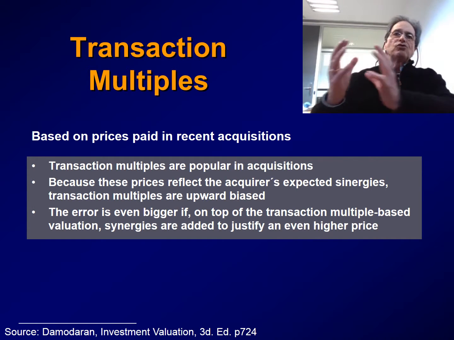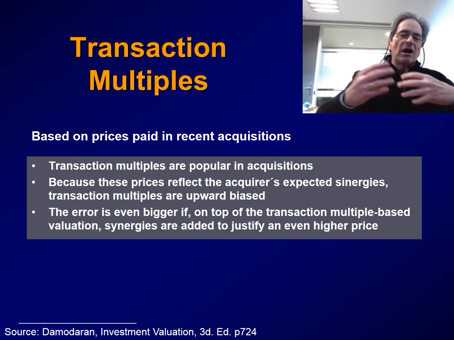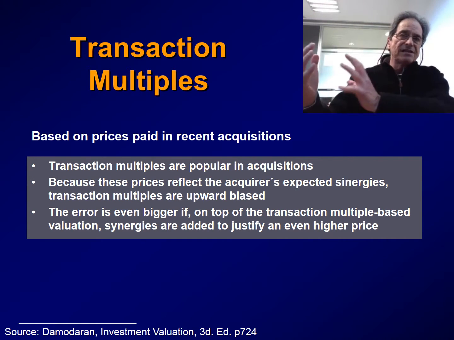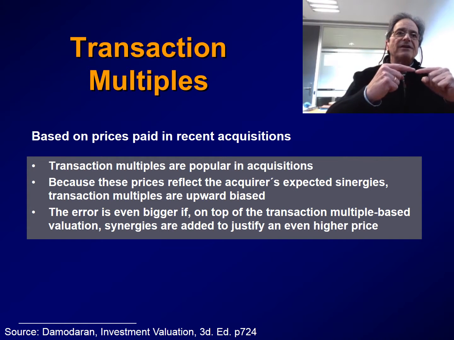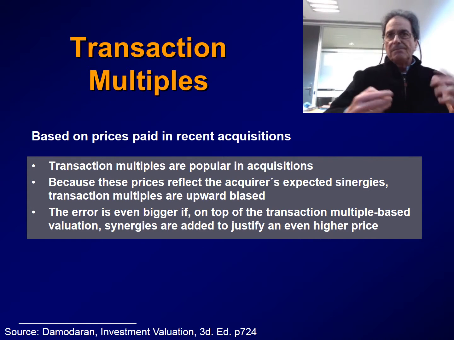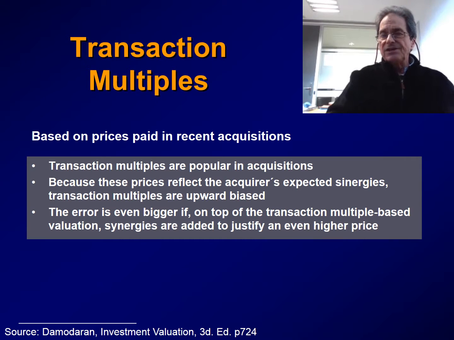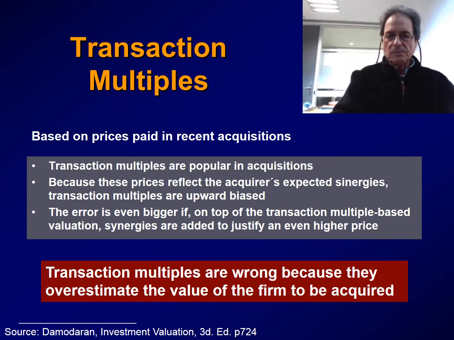And of course, if we use this as a reference, and we are also acquiring a company, and then we decide to add our own synergies, probably we are overestimating the synergies and we are overestimating the value of the company. So in conclusion, transaction multiples are wrong because they overestimate the value of the firm to be acquired. We shouldn't use transaction multiples.